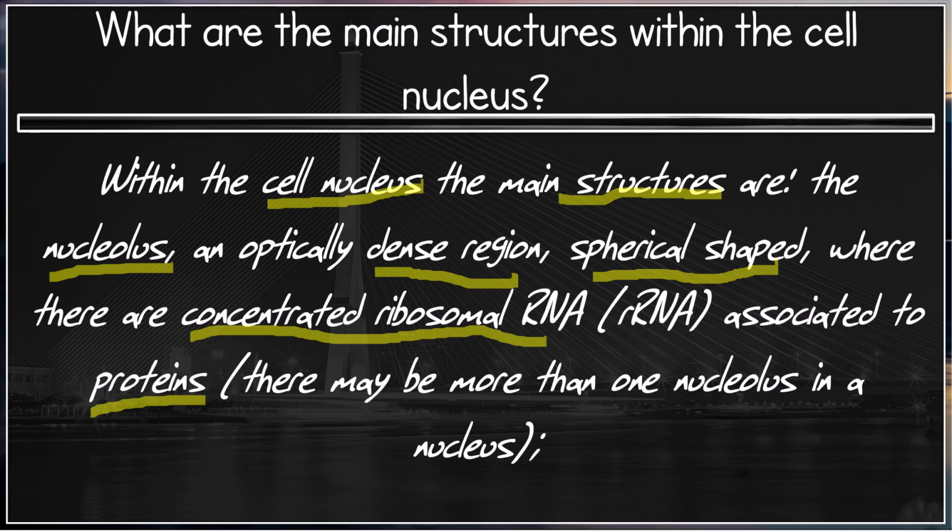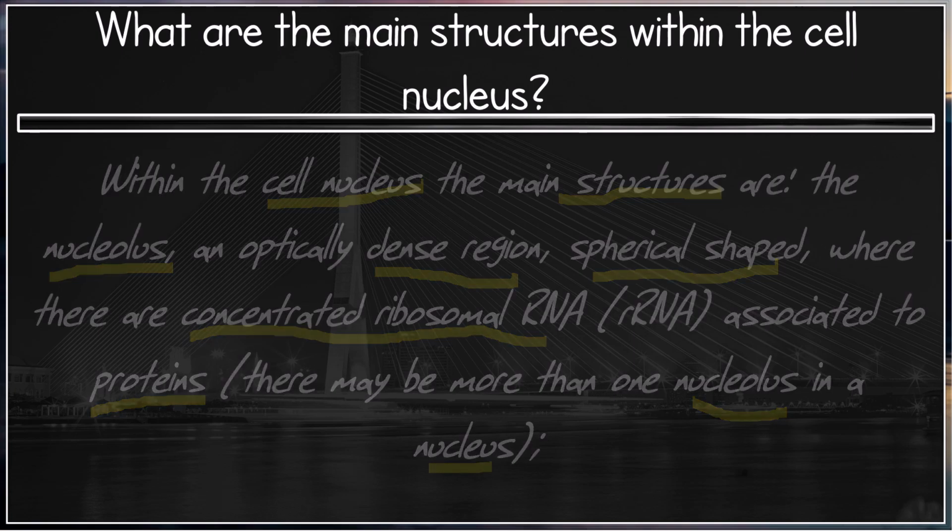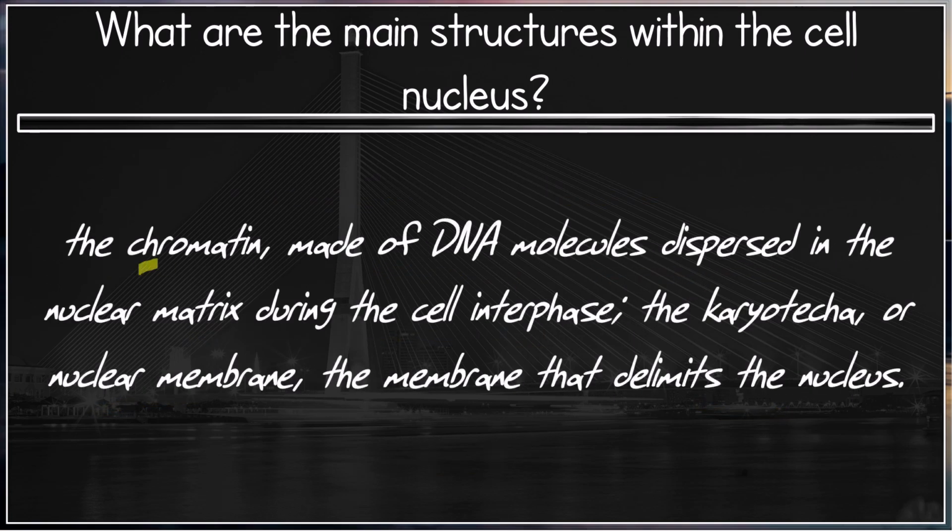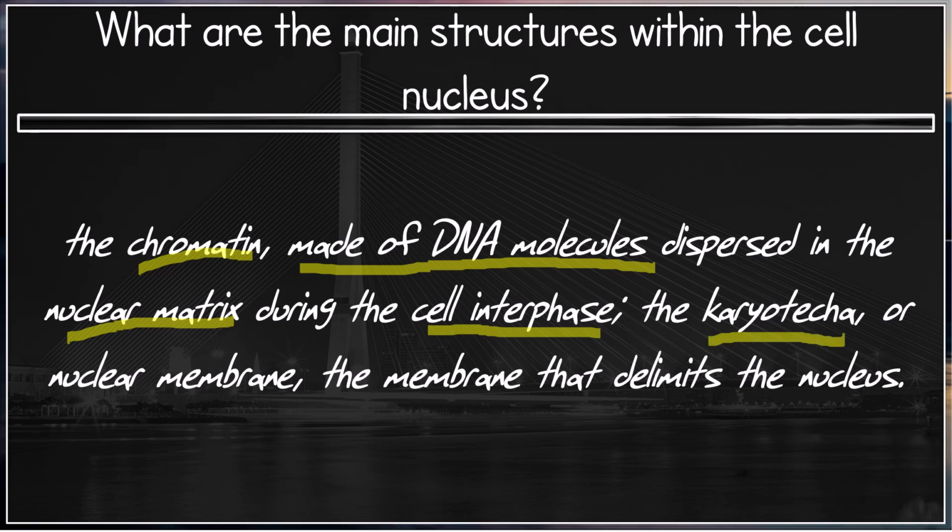There may be more than one nucleolus in the nucleus. The chromatin, made of DNA molecules dispersed in the nuclear matrix during cell interphase. The karyotheca, or the nuclear membrane, the membrane that delimits the nucleus.